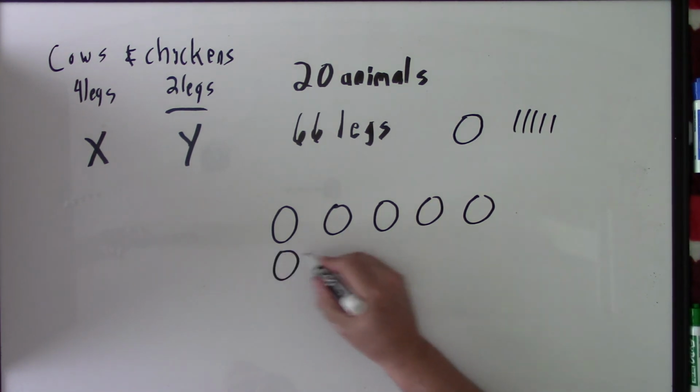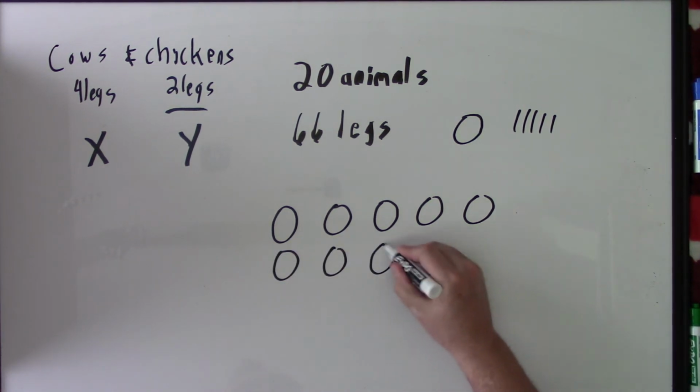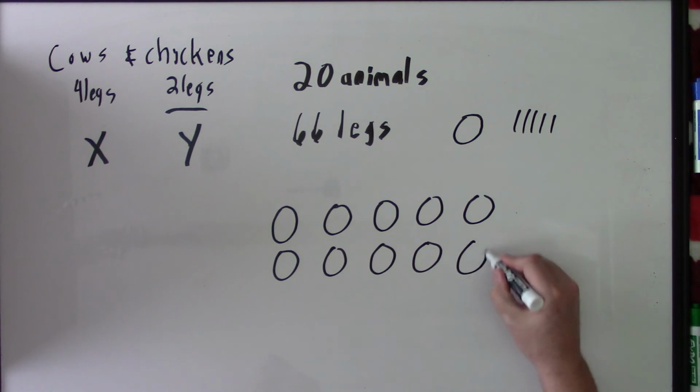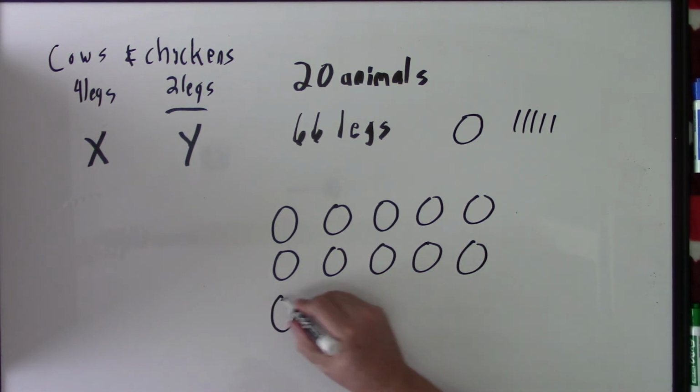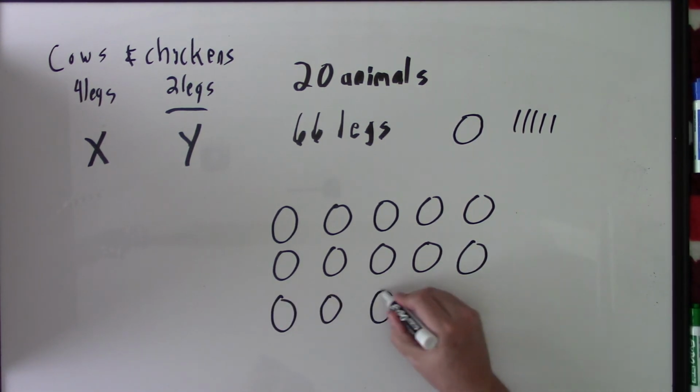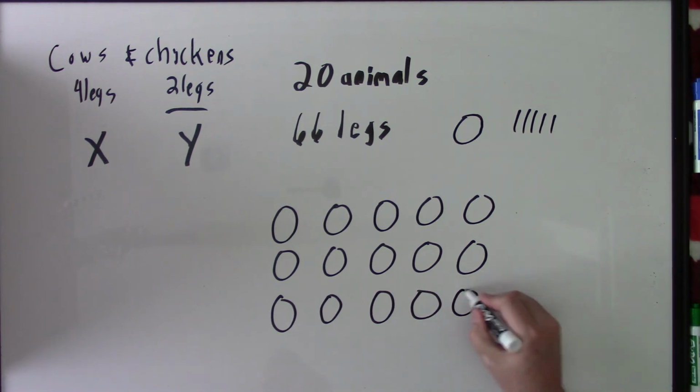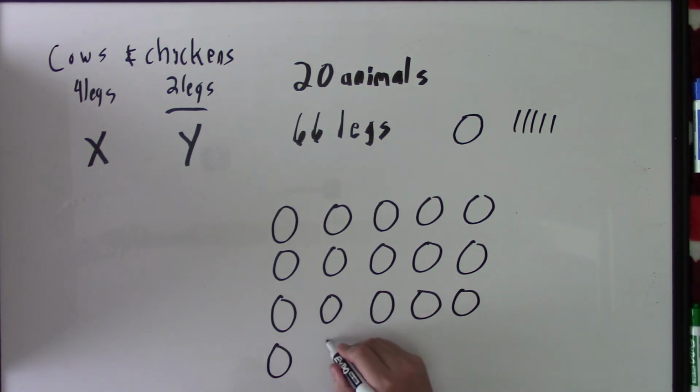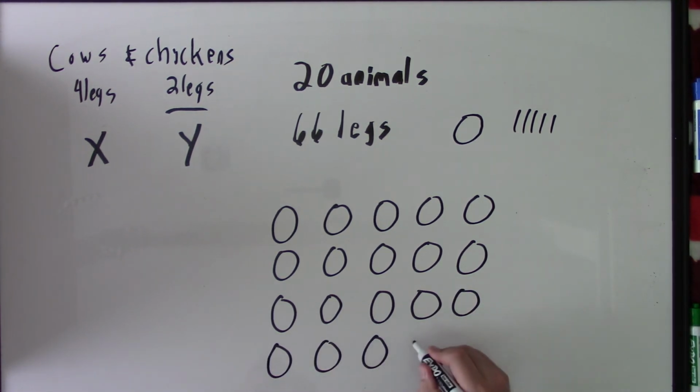We would use smaller numbers for kids, maybe we have 10 animals or we have 8 animals instead of 20, so that we don't have such big numbers. And then with the kids doing algebra, you could use very large numbers instead of just the basic 20 numbers or so.